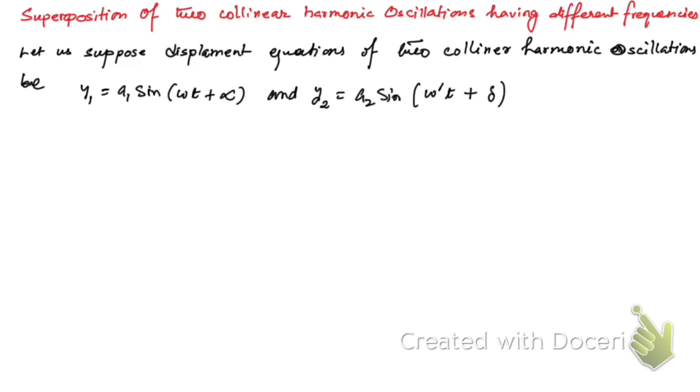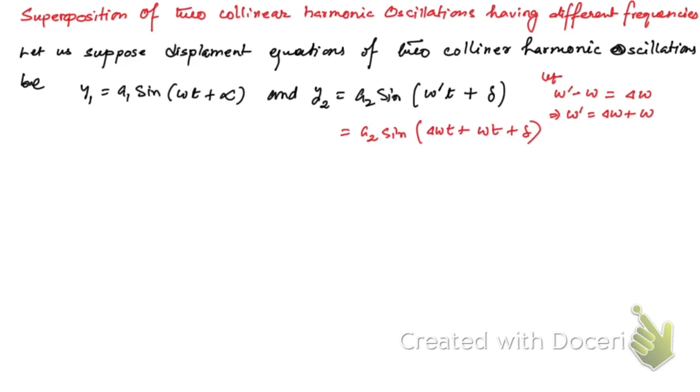Now let us consider that the difference between ω' and ω is Δω. So ω' = ω + Δω. Therefore this equation is going to be y2 = a2 sin(Δω t + ω t + δ).